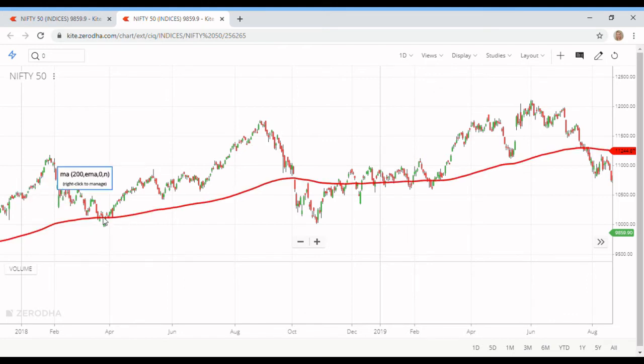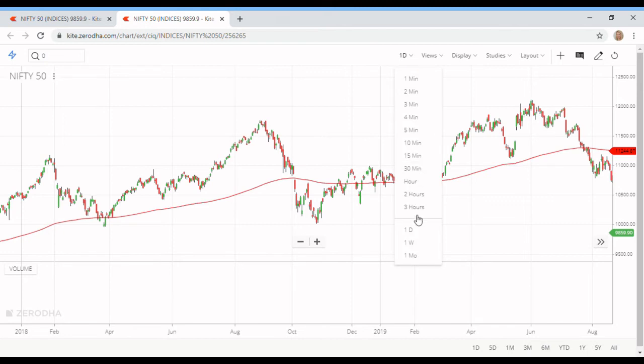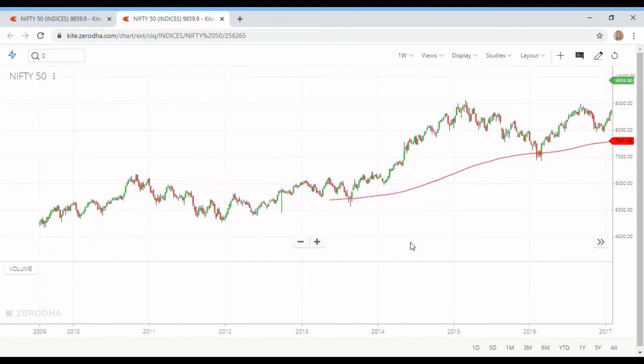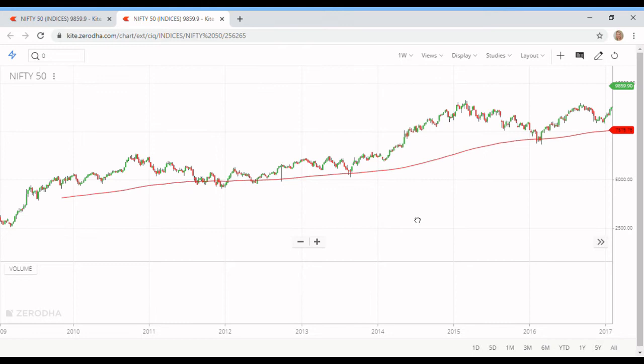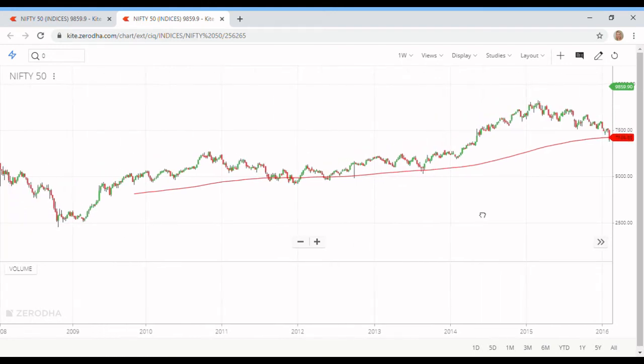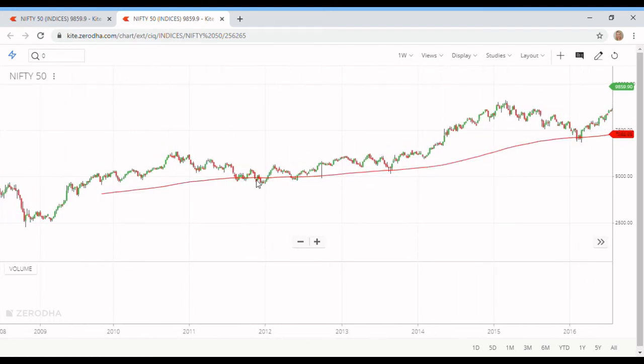Here you can enter the trade whenever the price moves above the 200 period moving average, and you can exit once the price closes below this 200 moving average. This is for the 1 day period. Even if you're a very long-term trader, you can check the 1 week candle as well. Here you can see the price has been trading near the moving average for multiple weeks, and after that it started moving up.